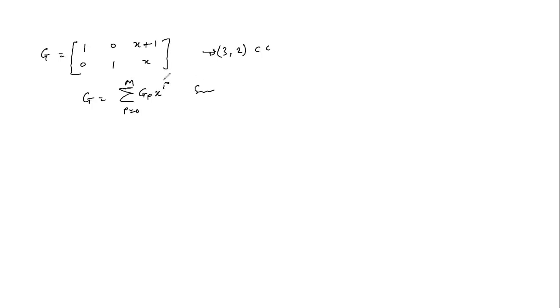Now, since the power p is equal to 1 from the generator matrix G, that's the power here is 1. So what we have now is that G is the same as G naught, X naught for all of this, plus G to the power of 1, X1 for this one.